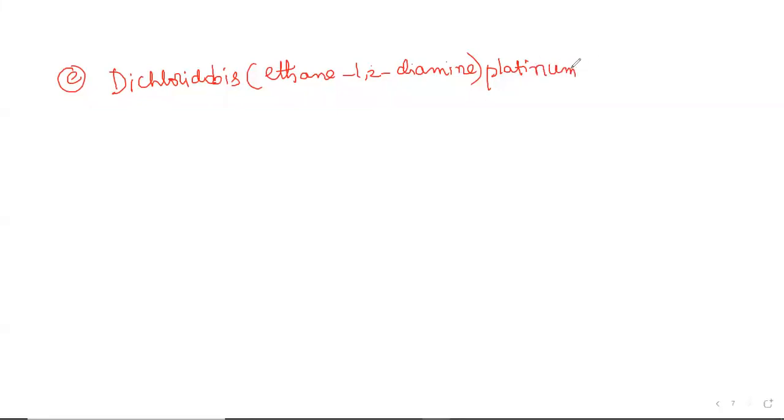The oxidation state they have given is 4 in the simple bracket, and then nitrate. Platinum nitrate they have given.